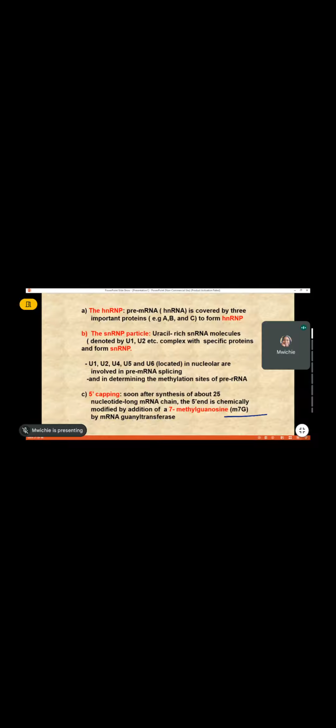7-methylguanosine. And this is added by the enzyme mRNA guanyl transferase. Again, if you are taking notes, write this down. The enzyme that is responsible to chemically modify the 5' end of mRNA, which is known as 5' capping, is mRNA guanyl transferase.